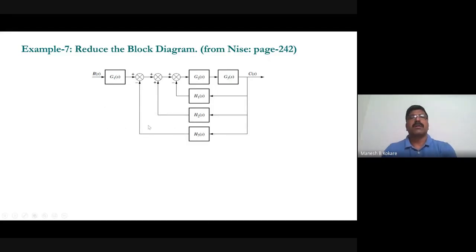So this is a problem from the NIS book, page number 242, and now see, you have to find out the solution.